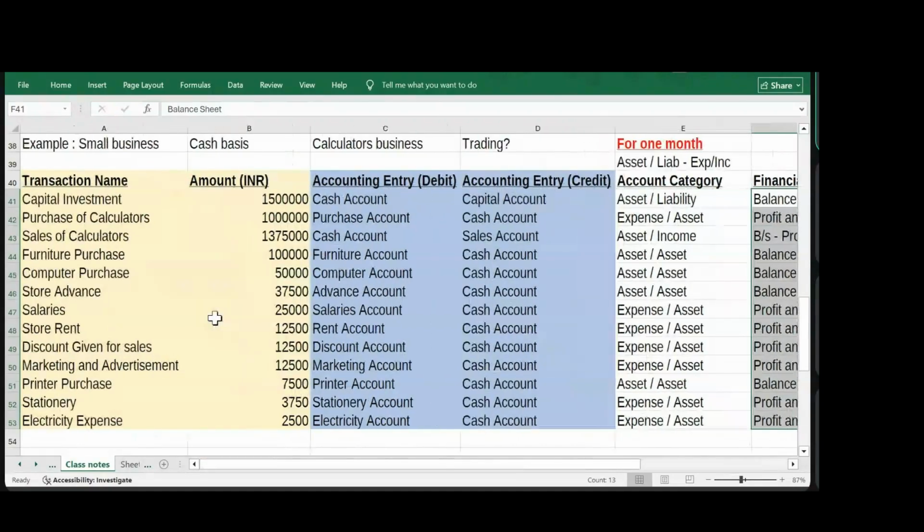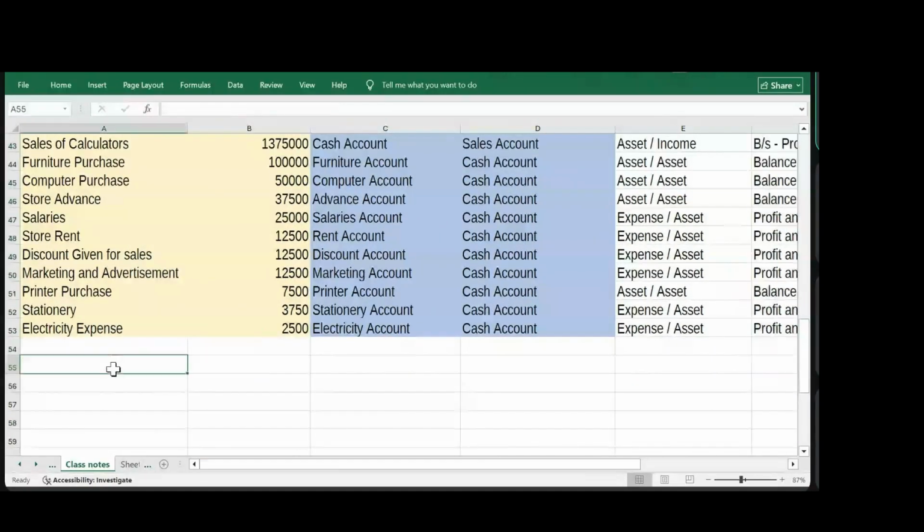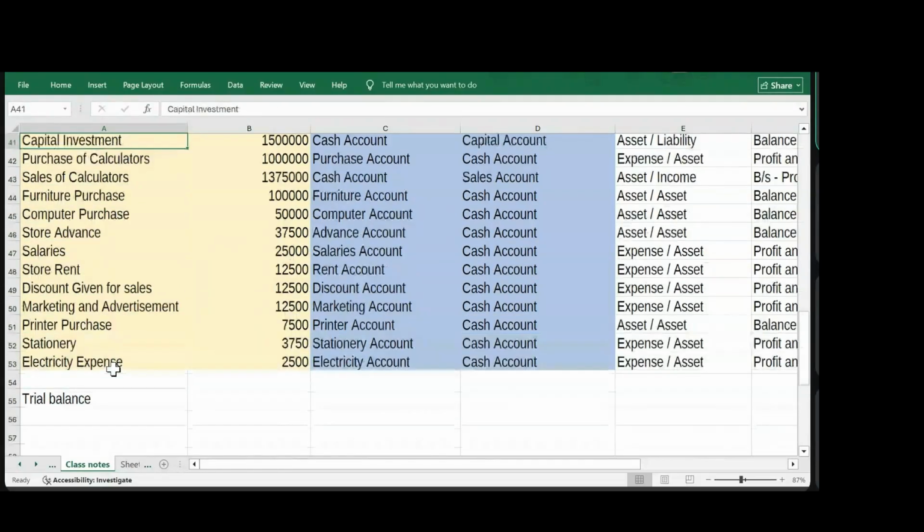Now, based on this, can we draw a trial balance? What is trial balance? We just draw out and see whether all our entries are correct or not.